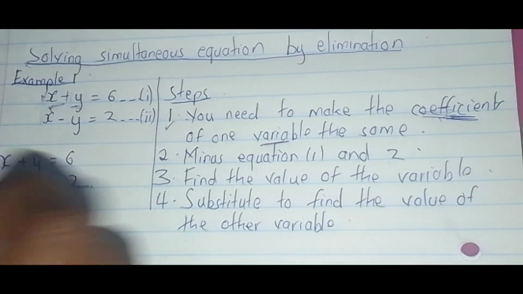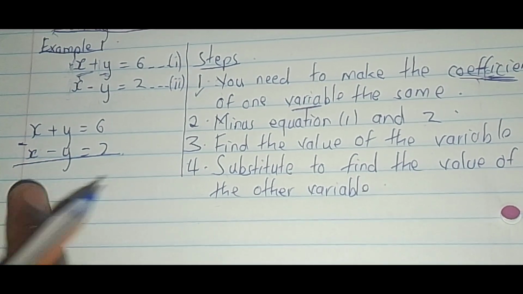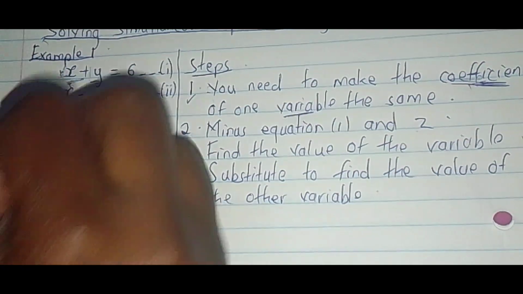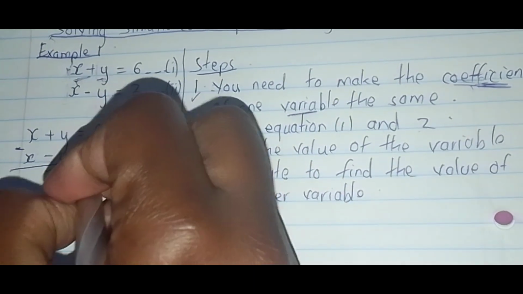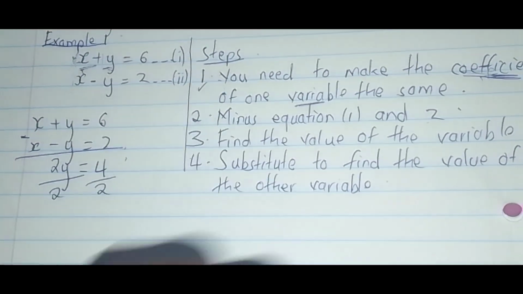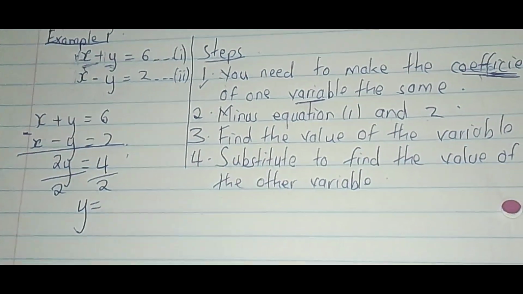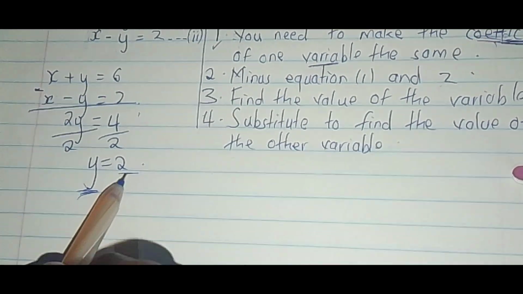So we minus x minus x, 0. Y minus y, that is 2y is equal to 6 minus 2, 4. Divide by 2 to find the value of one variable. So the y variable is 2.